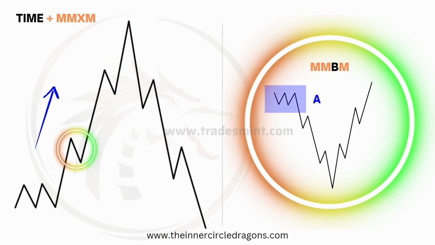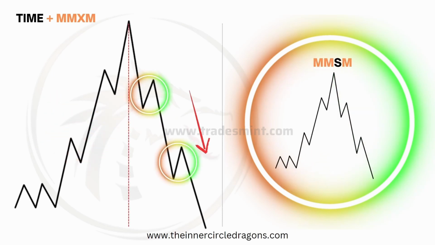We have our accumulation phase, the manipulation phase, and the distribution phase. Since price is fractal, we can have smaller market maker buy models inside of a larger time frame market maker model. On the opposite side of the curve, the retracements of where we expect distribution to form will be smaller market maker sell models on a lower time frame fractal.